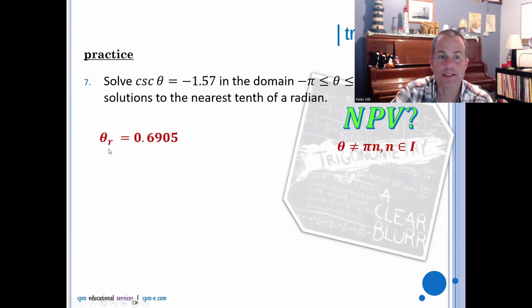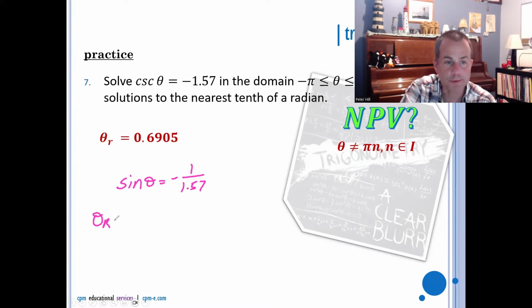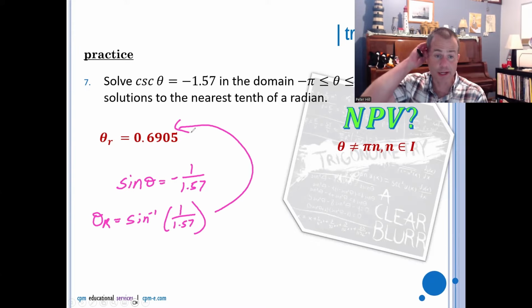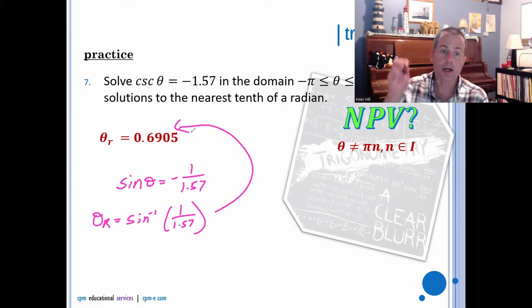And now I'm going to write as sine of theta equals, so sorry, I skipped a step there in my PowerPoint, but I'm going to start this by sine of theta equals -1 over 1.57. Now, theta's reference angle will then be the inverse sine of 1 over 1.57, and that's what's giving me this. Okay, so you want to make sure you're in radian mode to do this.